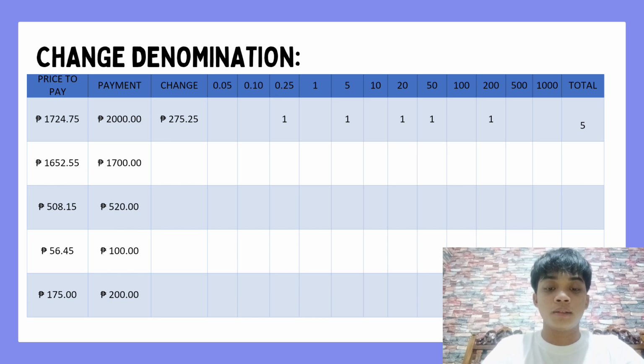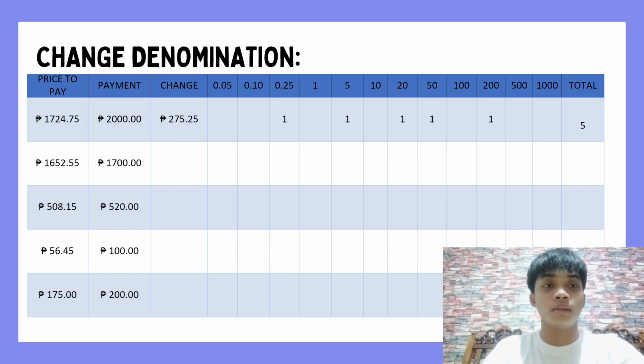Now 5 fits, so there's only 0.25. 1 does not fit in 0.25, so we skip now to 0.25. 0.25 fits in 0.25. Therefore, there are 5 combinations of denominations to complete the exact amount of change.